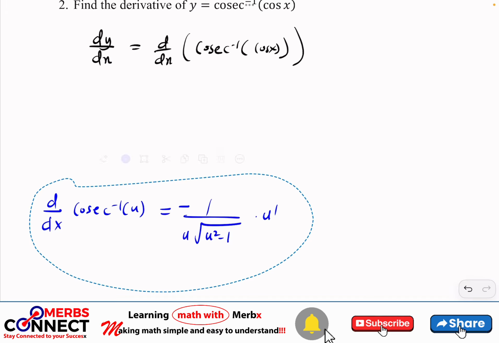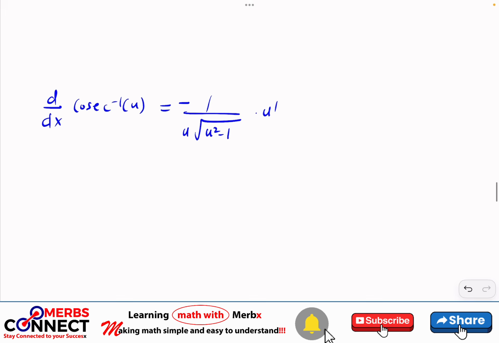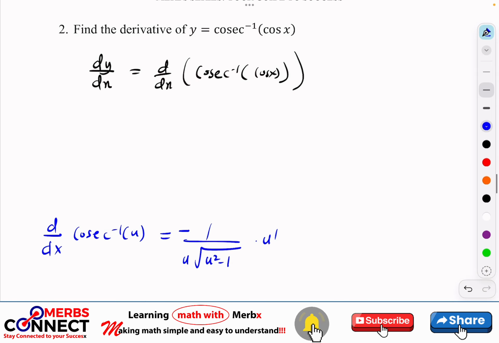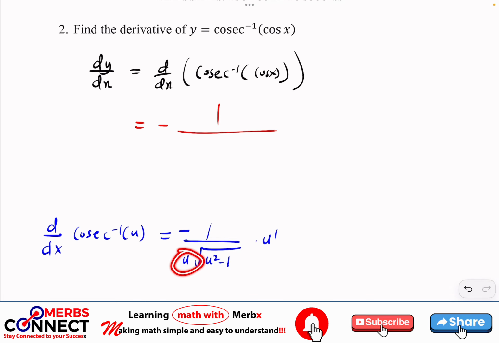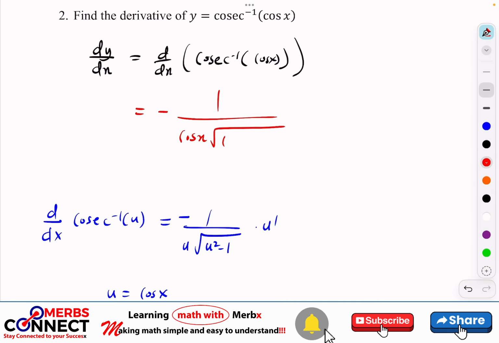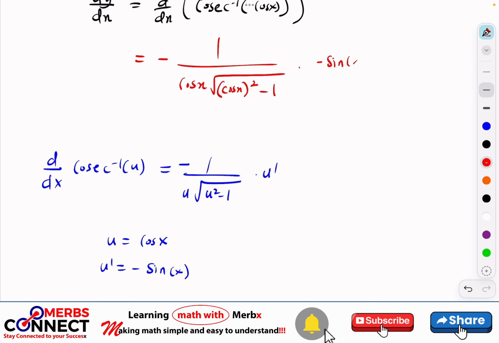When you compare this to this, our u is cos of x. U prime will be just minus sine of x. So let's do substitution here. This is going to be minus 1 divided by, u here is cos of x, so we have cos of x, then square root of u squared, which is cos of x all squared, minus 1, times u prime, which is minus sine of x.